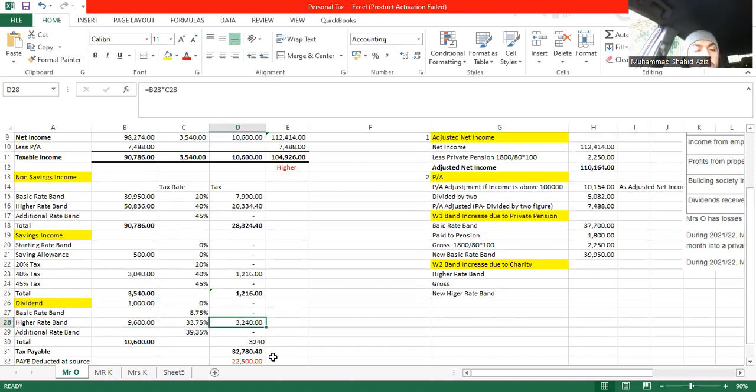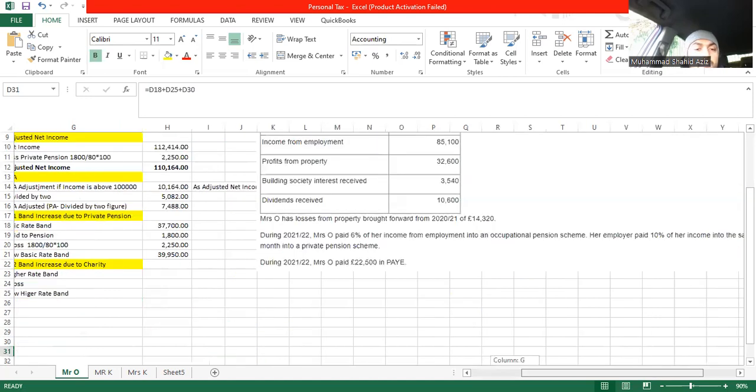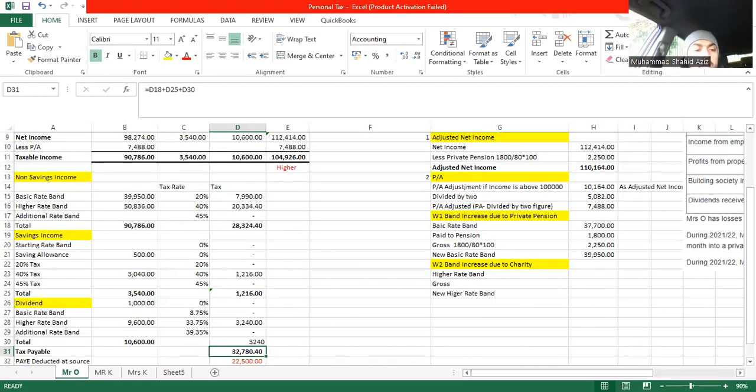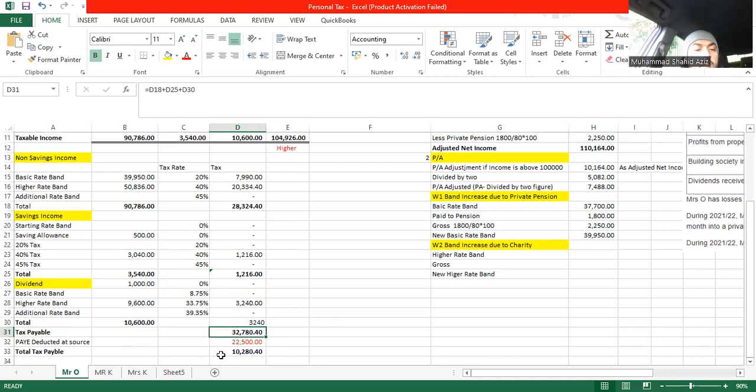So the total tax payable is 32,780 pounds 40 pence. Because Mrs. O has already paid 22,500, the total tax payable is 10,280 pounds. Okay, so this is the end of this example.